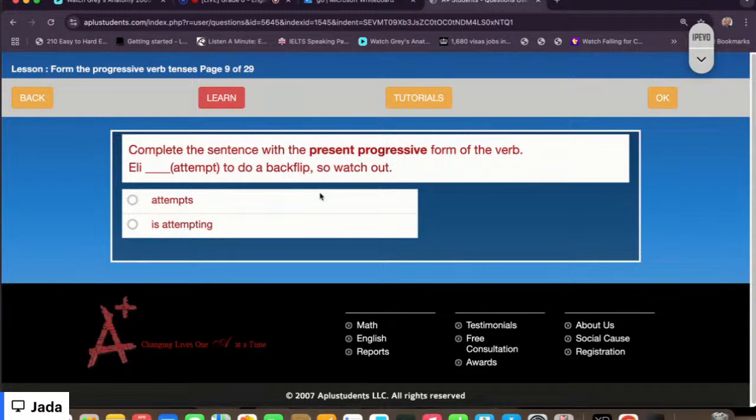Ellie attempts to do a backflip, so watch out. Is attempting or attempts?